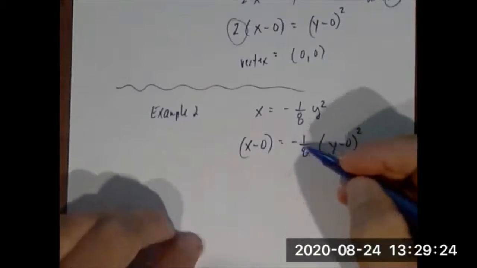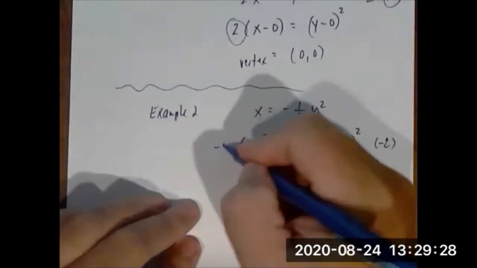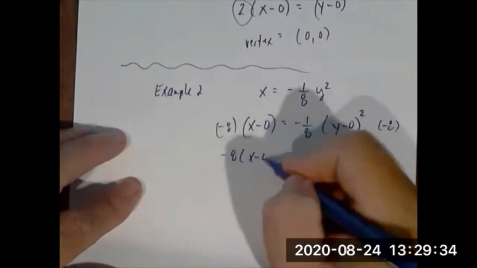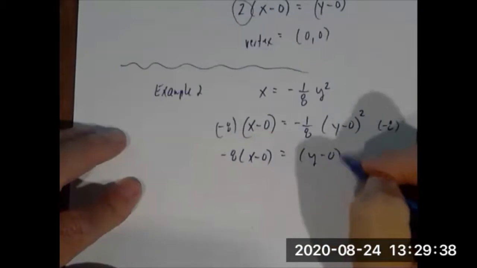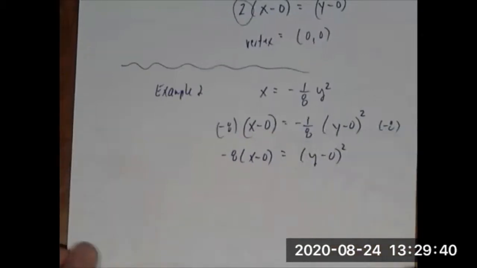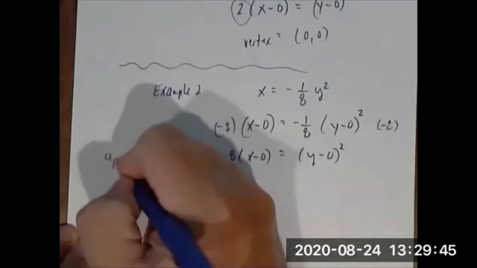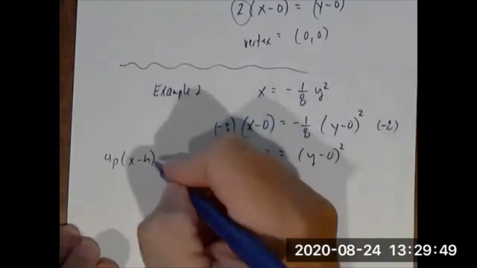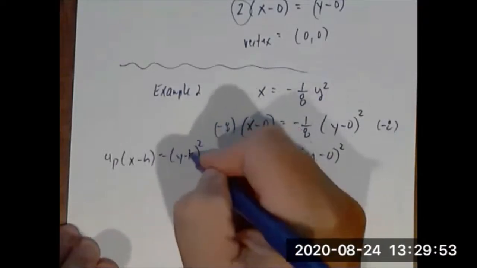So to move this -1/8, hopefully you all remember your algebra, I can multiply both sides by -8. So now it's in standard form, and just to remind you, standard form for this would be 4p times x minus h equals y minus k squared.